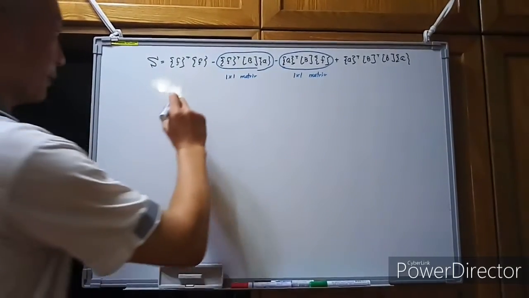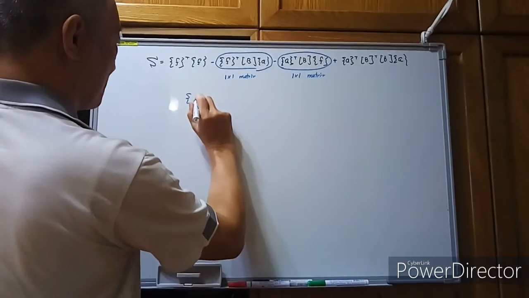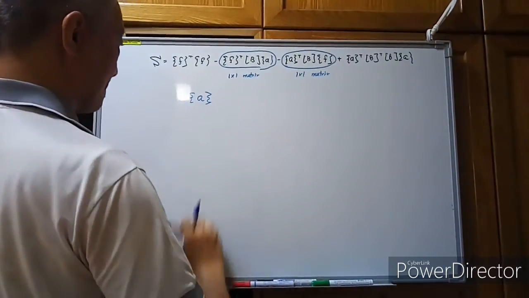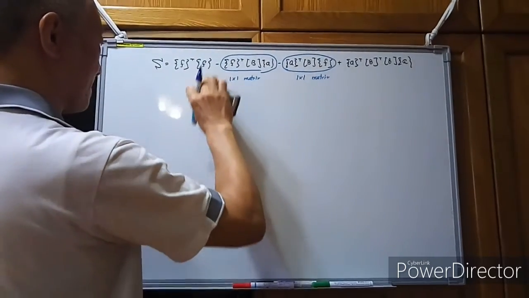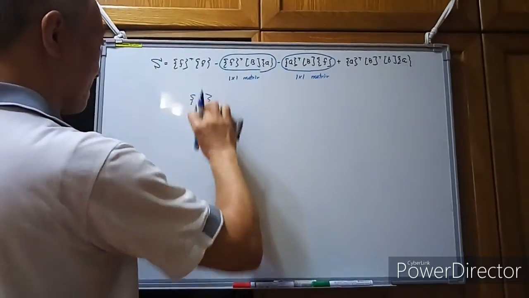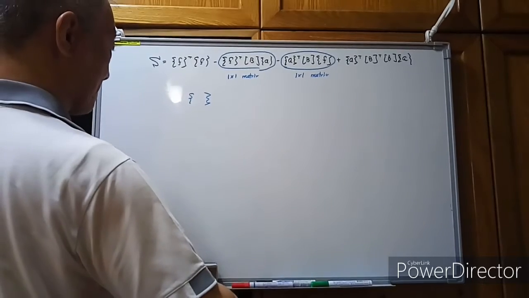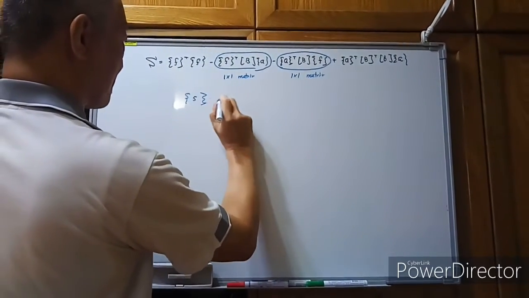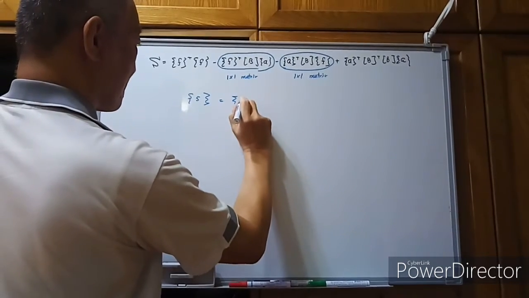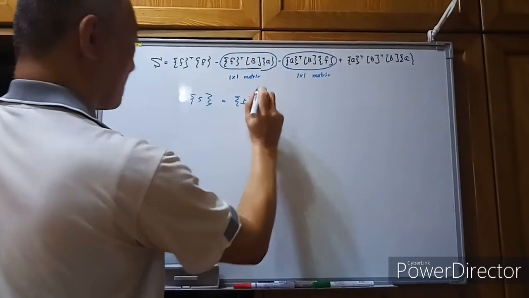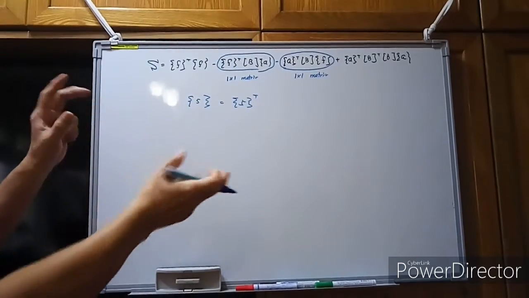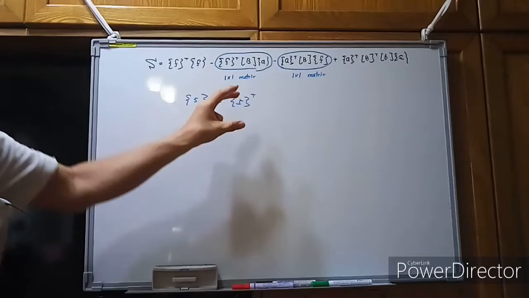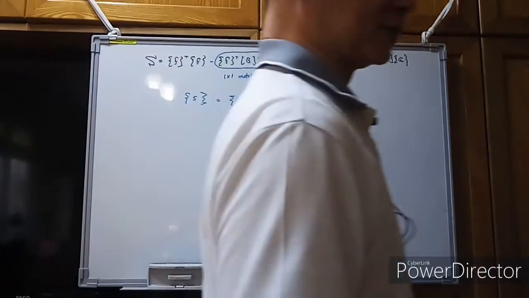And for any 1 by 1 matrix, it is always equal to the transpose of itself.